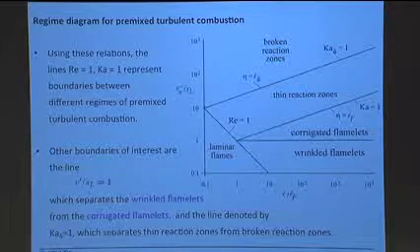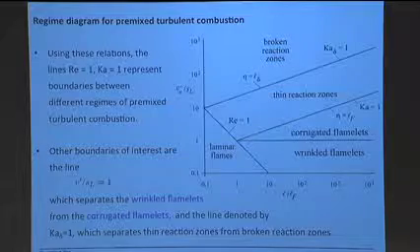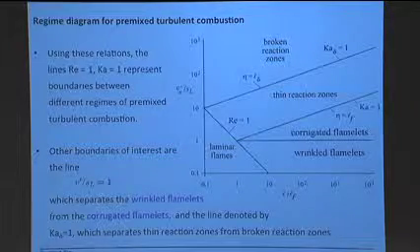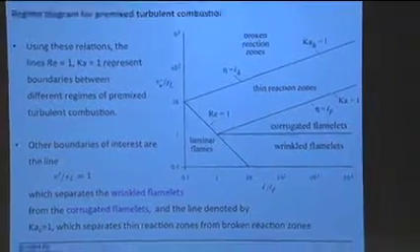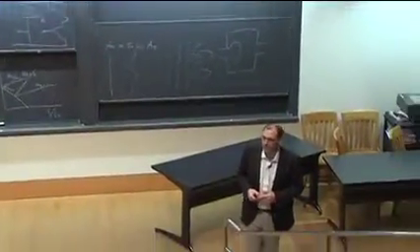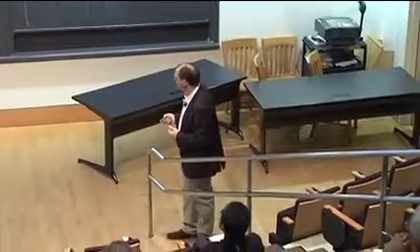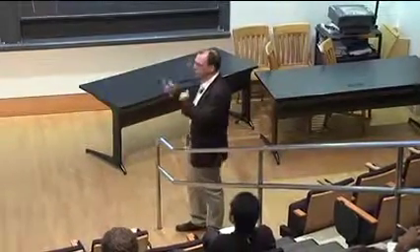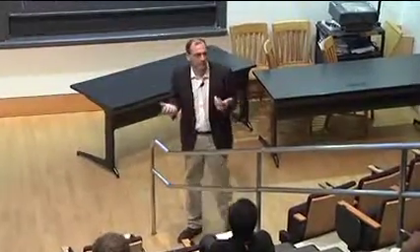Now, if you are above this line, then the turbulence can actually enter the flame structure, and it can cause mixing in that flame structure.